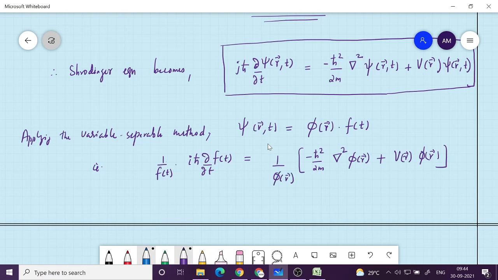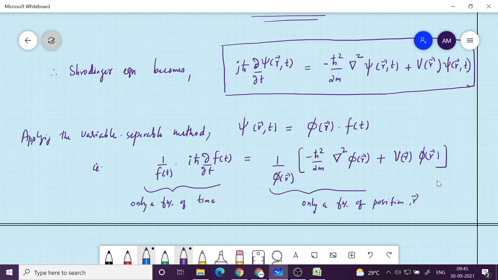So this is the required form that we said we would bring in. If you look at the LHS, it is only a function of time, the only independent variable is time here, and on the RHS only position variables are there, so it is only a function of position. Now it is 3D, therefore r vector.